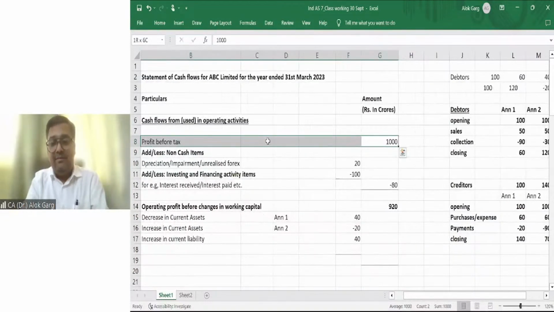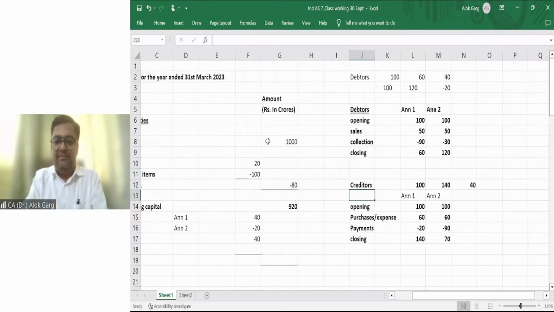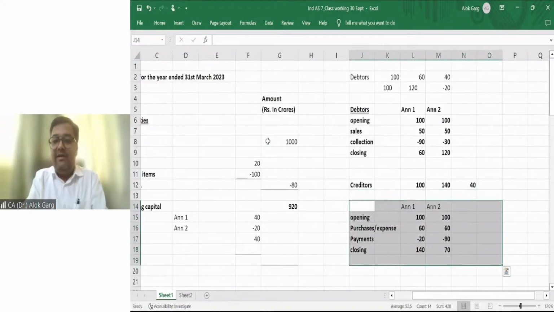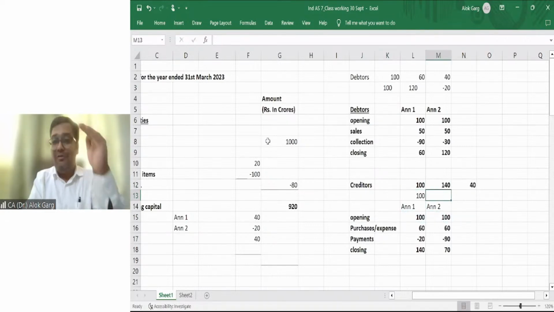My profit comes after deducting 60 crore, but actually we have paid 90 crore. It means 30 crore is required to be deducted, right, to arrive at a cash profit from the accrual profit. Is that clear? So friends, whenever there's a decrease in creditors, what you are required to do? You need to reduce it.